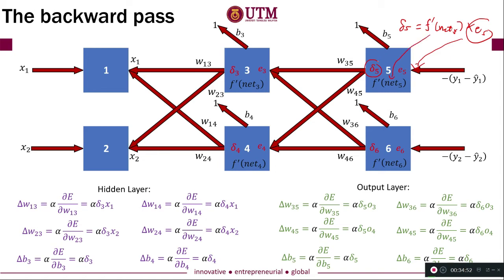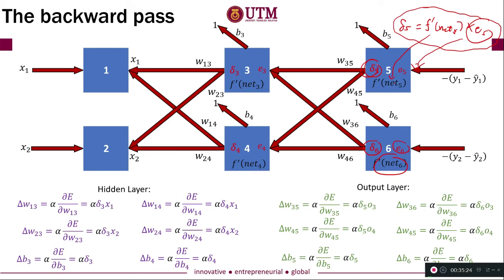So in order to find this one, you must multiply this one and this one. This one was proved in the previous slide. I think you can check the previous slide that I showed when we derived the output layer during the backward pass. So in general, if you talk about node 6, to find this one, you must multiply between this one and this one.